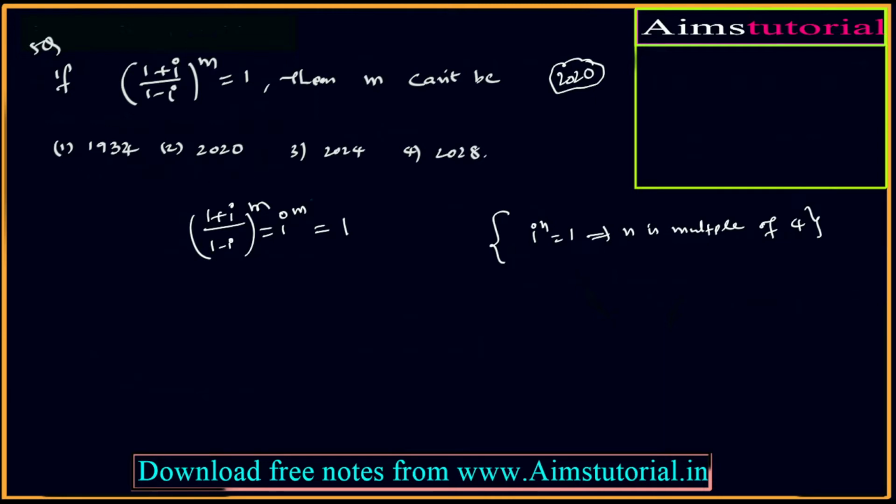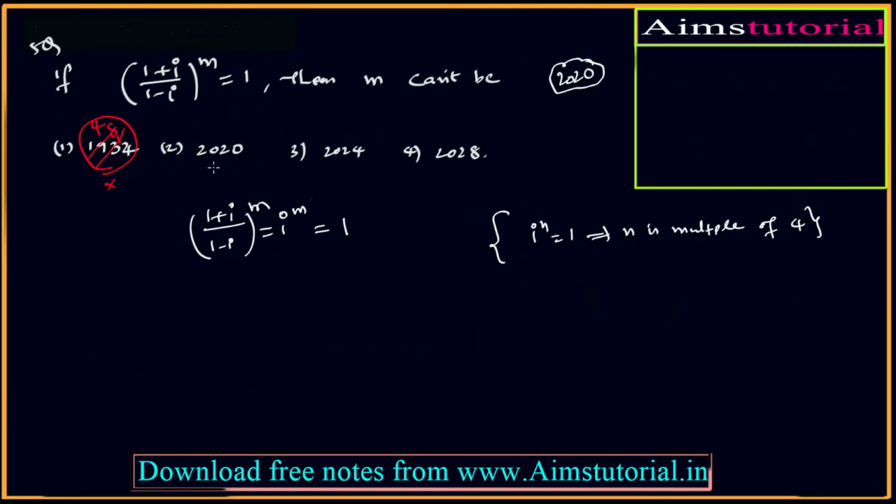So first option 1934, if you divide by 4, 4 4s are 16, 3 remains, 4 8s are 32, 14 will remain. So in the 4 table 14 will not come. Therefore 1934 is not a multiple of 4.